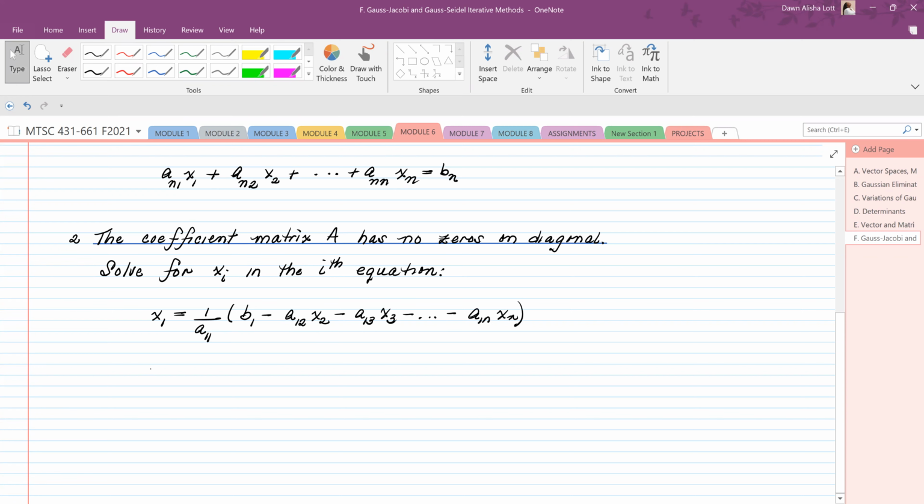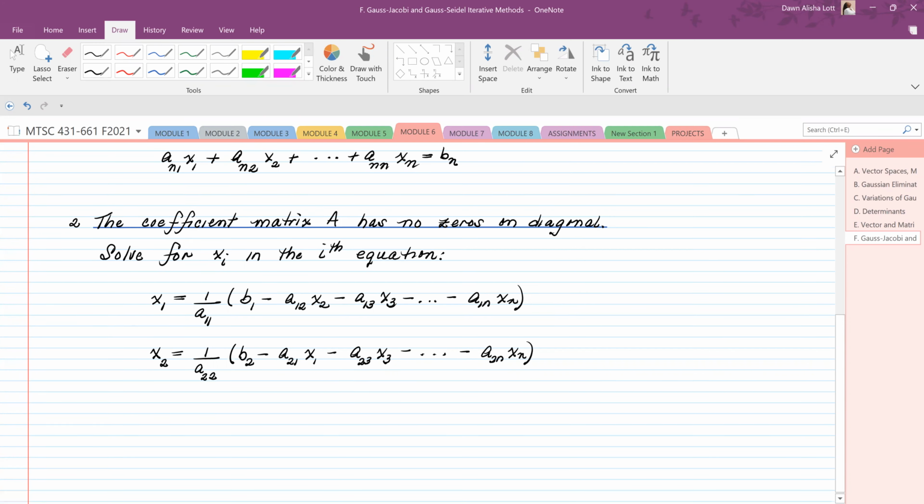In the second equation, x2 is 1 over a22 times b2 minus a21 x1 minus a23 x3 minus dot, dot, dot, minus a2n xn.